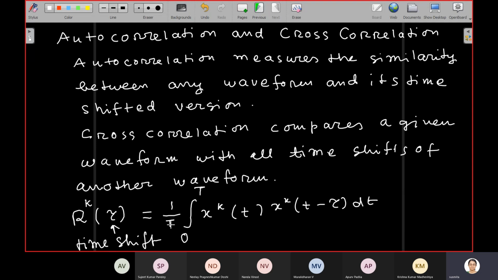Earlier we defined the autocorrelation using random processes. In this case, we are approaching it in a different way, but it can be shown that whatever we defined earlier also holds here. So don't think that they are two completely different definitions. That is not the case.